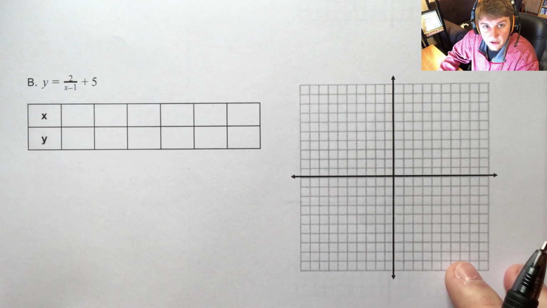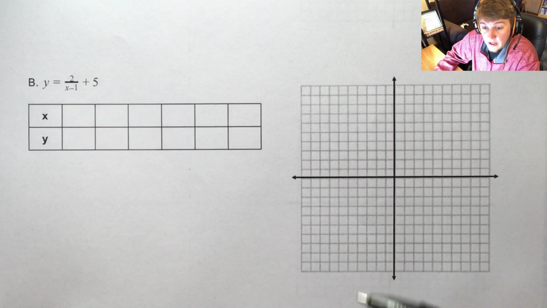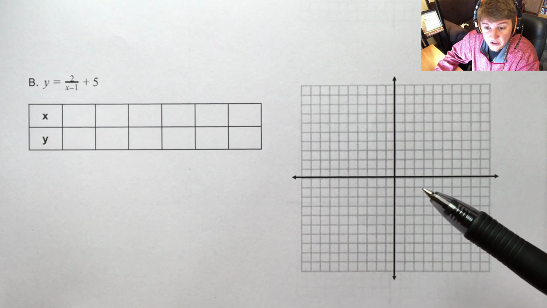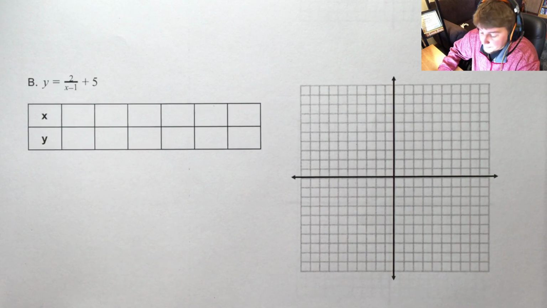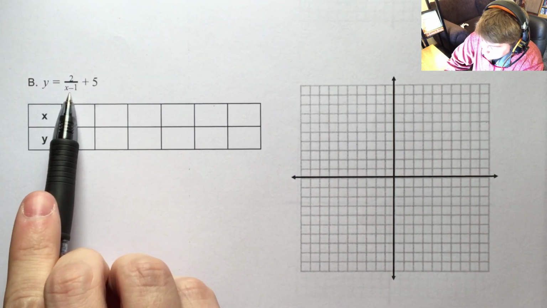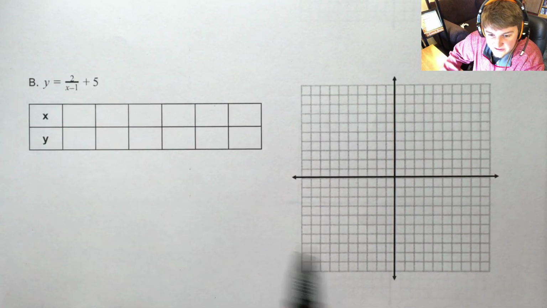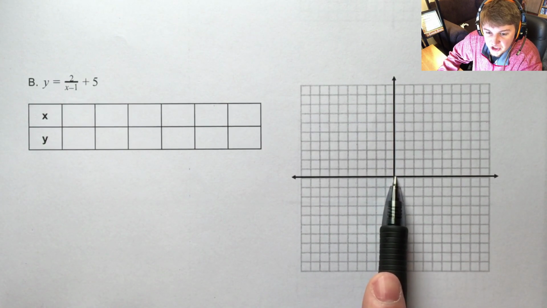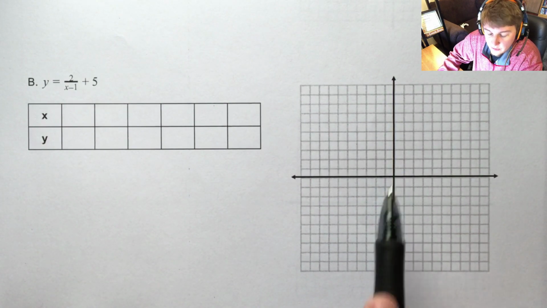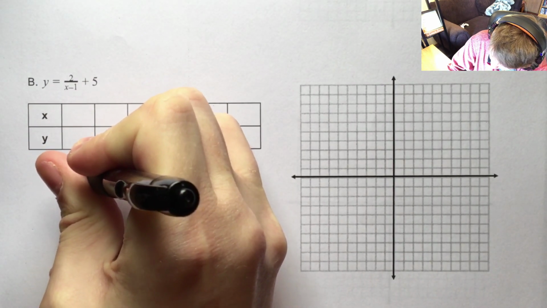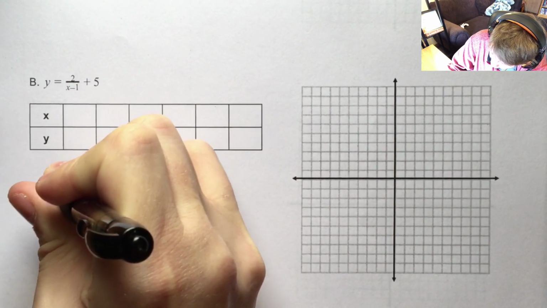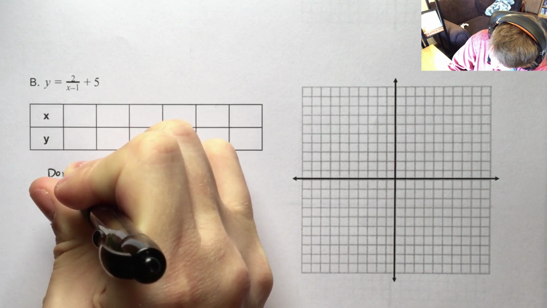Okay, so at this point, I'm assuming that you've already paused the video and you've already tried this problem. So now I'm going to walk through it so you can check your work. Okay, so I'm seeing x minus 1. That tells me my graph has been shifted to the right one. So that helps inform my domain, because I know that x minus 1 cannot be equal to 0.